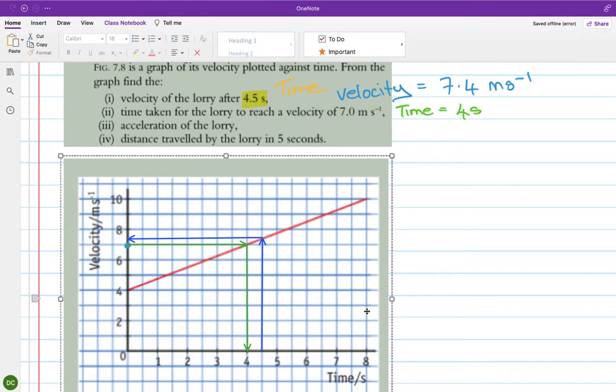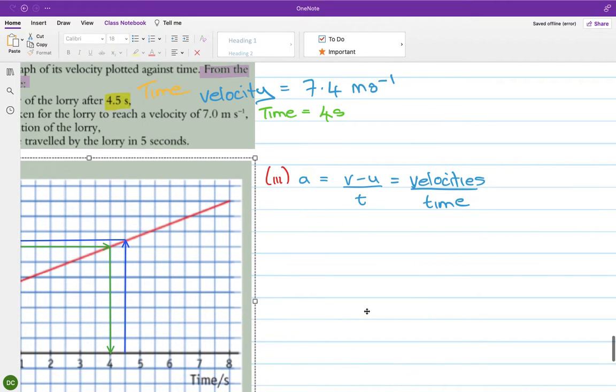Okay, the acceleration of the lorry. So this is a velocity time graph. So to get acceleration, we need to do v minus u over t, which means we need to do velocities over time. And to use this graph, because it does say up here, from the graph, find this, we have to use the graph.